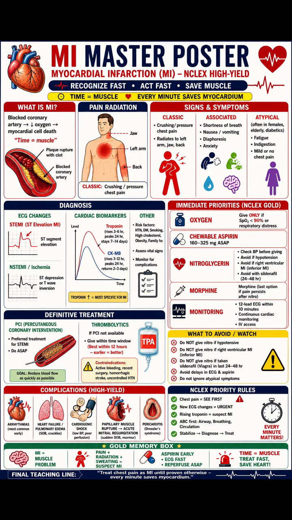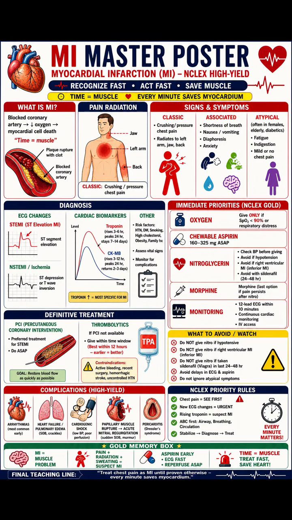And the next one, where the ST won't be elevated, you might find ST depression or T-wave inversion. Let's see what is the difference between these two. Think that ST elevation MI means there is complete blockage. Non-ST elevation MI means partial blockage. But still, it's an emergency and needs treatment.